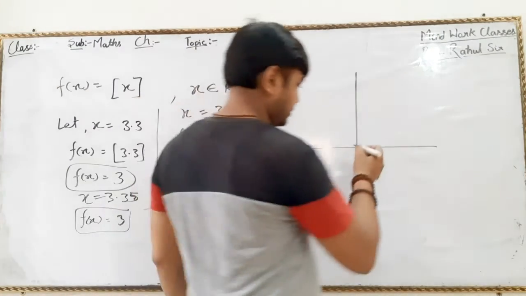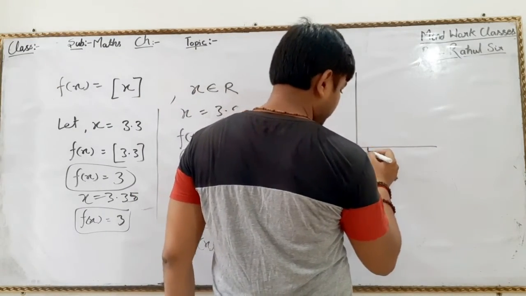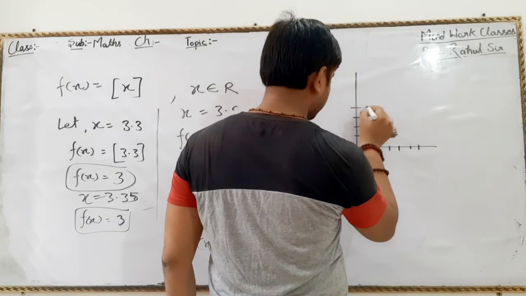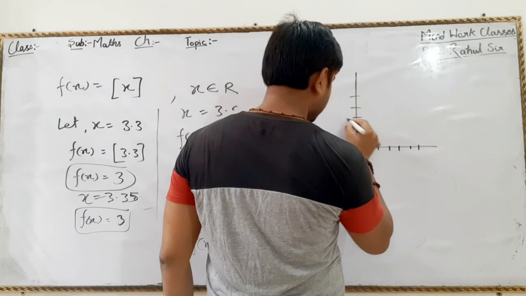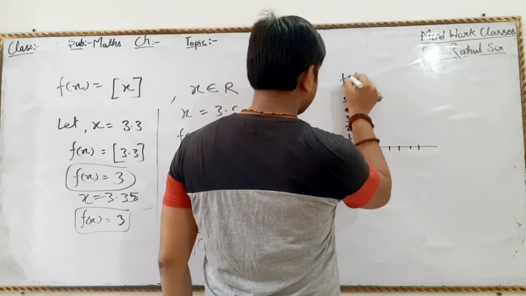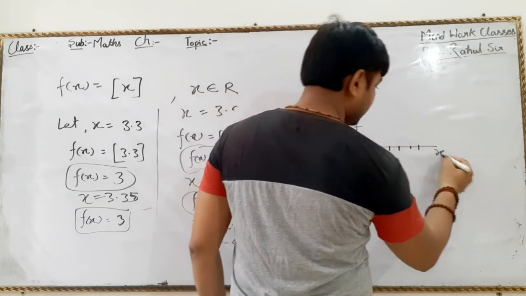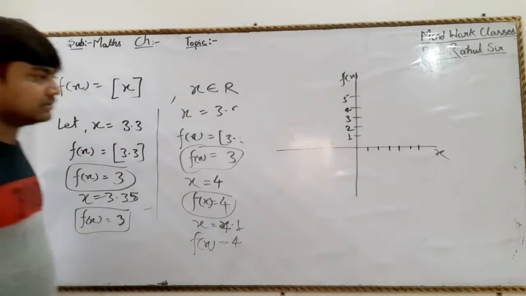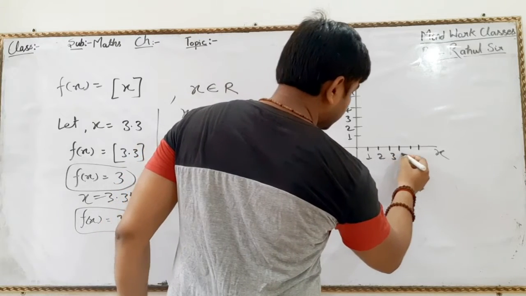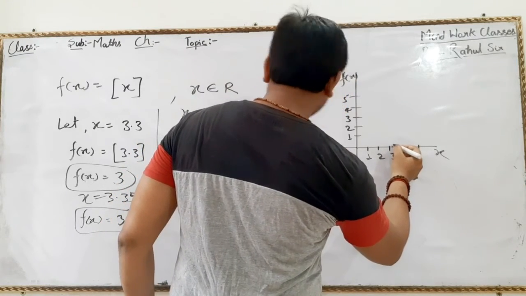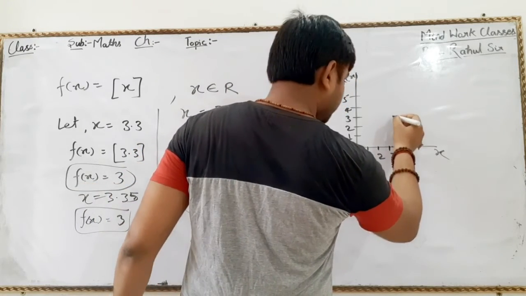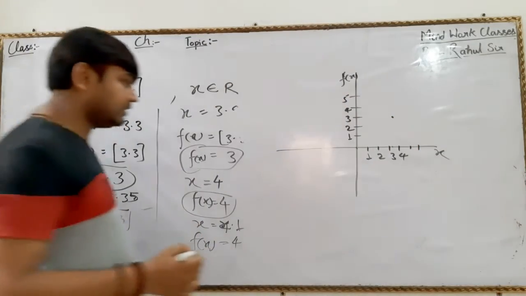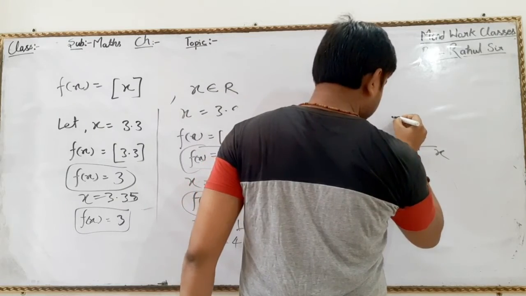Now mark 1, 2, 3, 4, 5 on the axes. This is f(x) and this is x. The value of x is 3.3, so 1, 2, 3, 4, here is 3.3, and the value of f(x) is equal to 3. Again at 3.5, the value is 3 again.